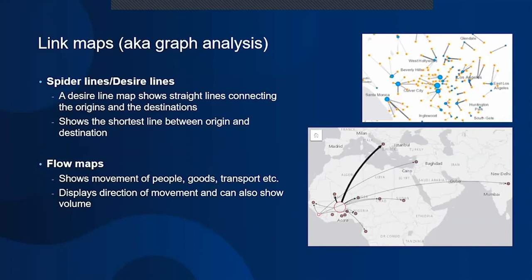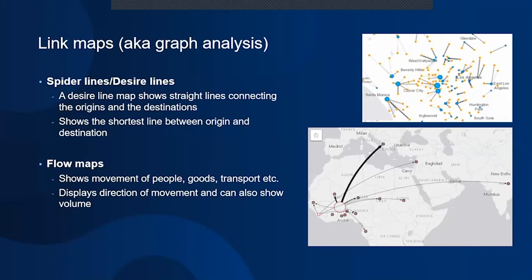Now, if we consider the link maps as an example, we can have 2 types of these links. First, it can be spider lines, and this kind of map will show the connectivity between the origin and destination. So, for example, the origin can be some kind of accident, and the destination can be the hospital or maybe the police station. With spider lines, we have this connectivity analysis through straight lines.